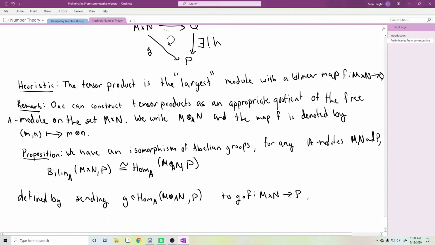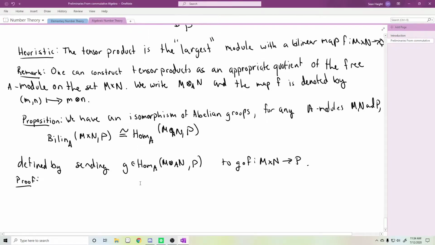The proof is straightforward. It's really easy to check that this map is a homomorphism. To check that it's a bijection, you just use the universal property of tensor products.